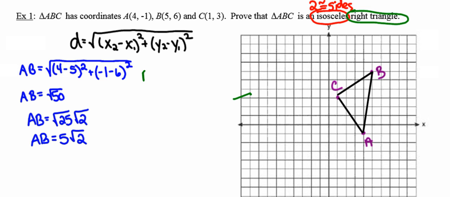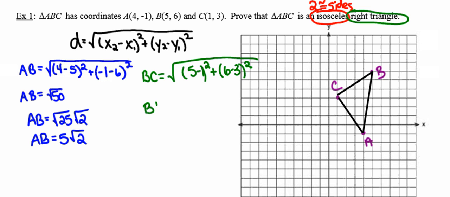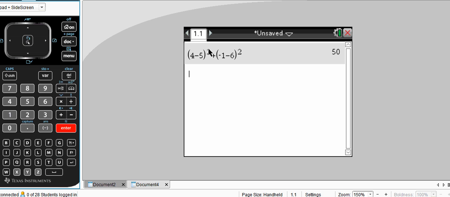All right, next one I'm going to go on and find is the length of side BC, or in other words, the distance between points B and C. And this one too, you really want to take advantage of at home of that opportunity to practice the distance formula.